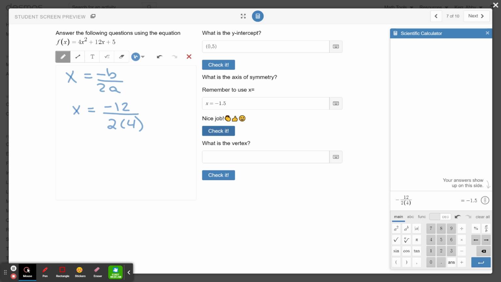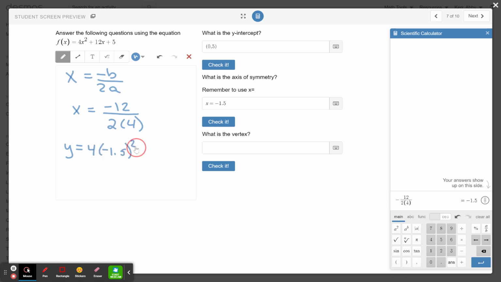And to get the y value, we're going to plug that in. Now you definitely can't forget the parentheses here because it's a negative. If you do, the calculator is going to do it incorrectly. All right, so 4 parentheses negative 1.5.